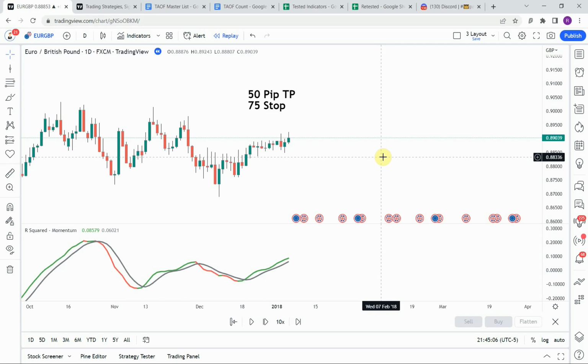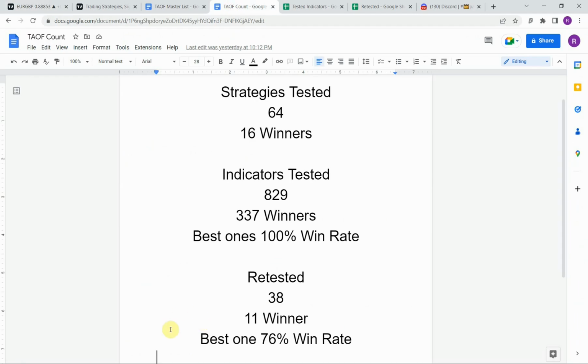Alright, as I said, today we will be testing the R squared momentum indicator. Before we do though, I wanted to put the testing scoreboard up for everyone to see. To date, we have tested a total of 64 different strategies, with 16 of them being profitable. We've also tested a total of 829 indicators, with 337 of them being winners. The best ones so far were able to achieve a 100% win rate.